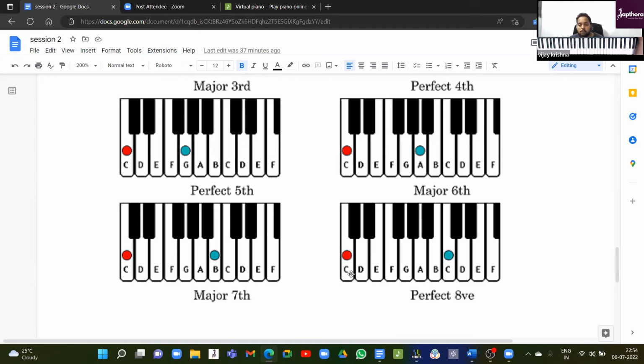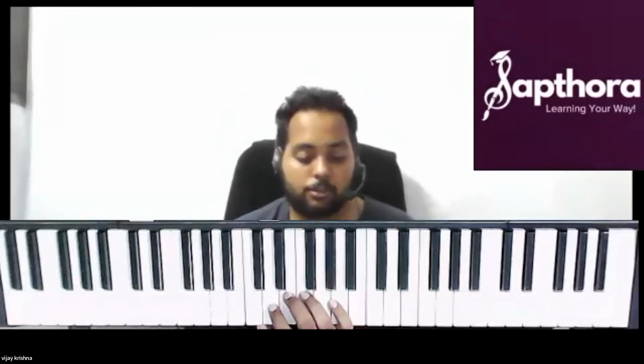When we play this first C and the eighth C with our little finger, I want to show it on my keyboard directly. The first C and the higher eighth C together is called an octave, or 8ve.